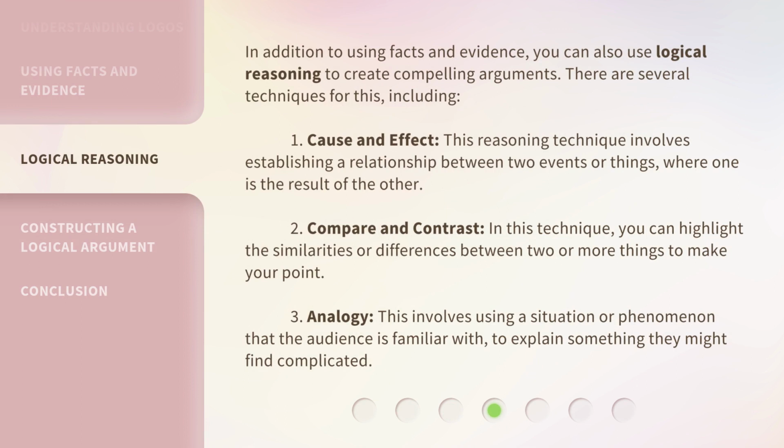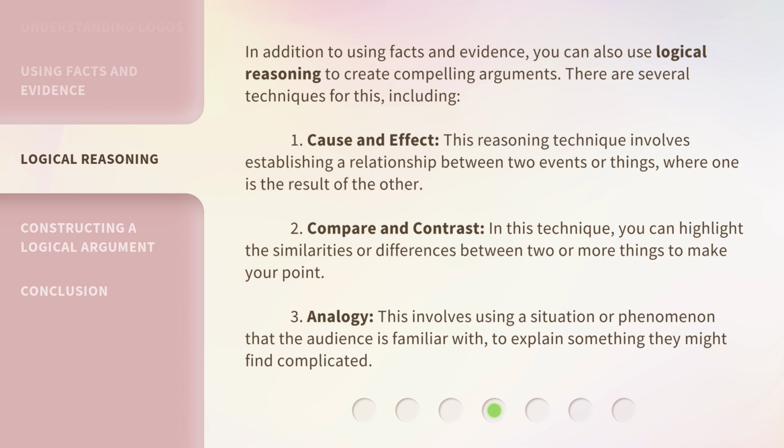In addition to using facts and evidence, you can also use logical reasoning to create compelling arguments. There are several techniques for this, including: 1. Cause and effect. This reasoning technique involves establishing a relationship between two events or things, where one is the result of the other. 2. Compare and contrast.